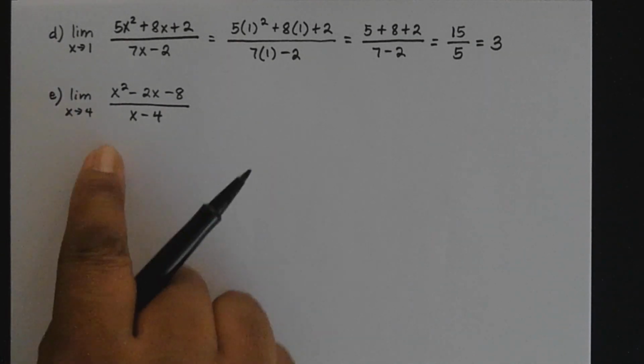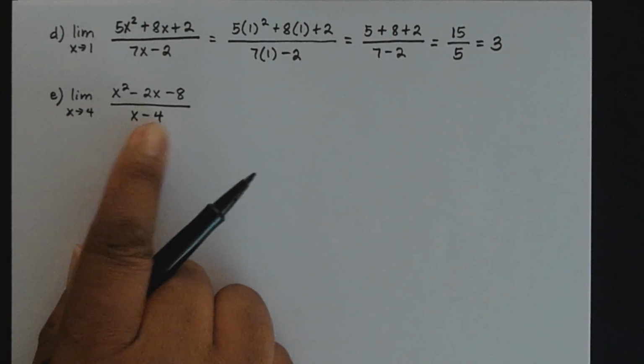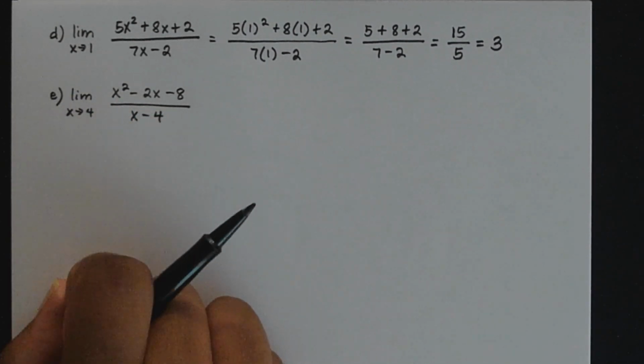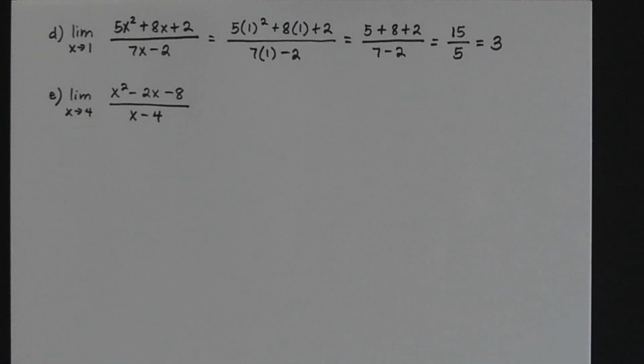Now we have a problem here with direct substitution. At 4, I would get a 0 in the denominator. So the next option would have to be, for something like this, I need to factor and divide out those common factors.